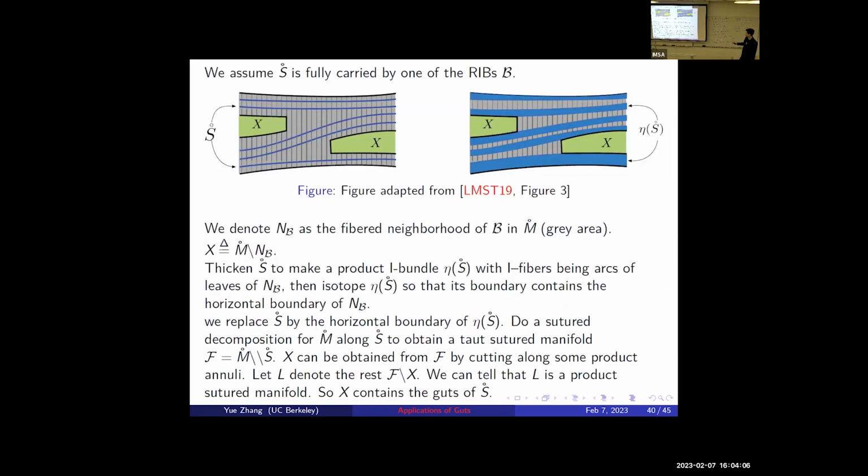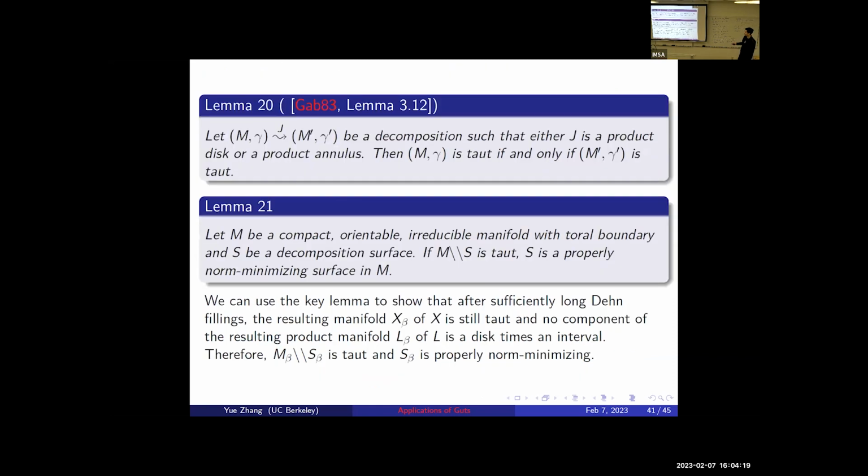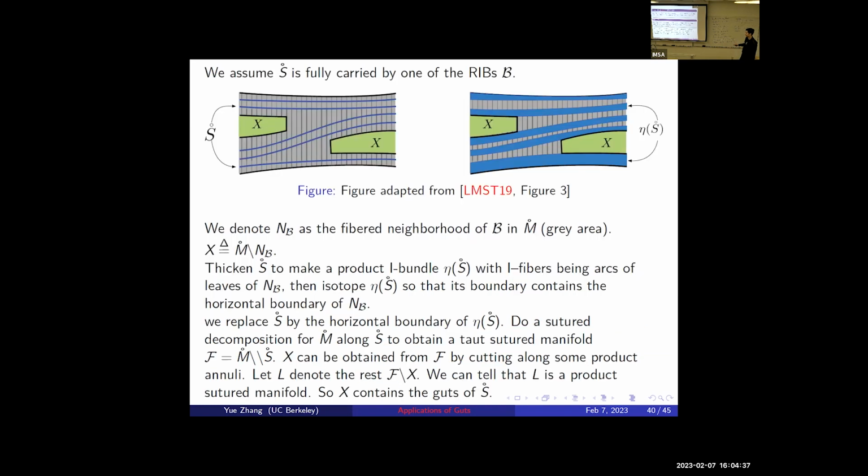So go back to this slide. We can show that X and L are taut if and only if F is taut. And then the second lemma, we proved that if you decompose M along S, and if M minus S is taut, then S is a properly norm-minimizing surface.